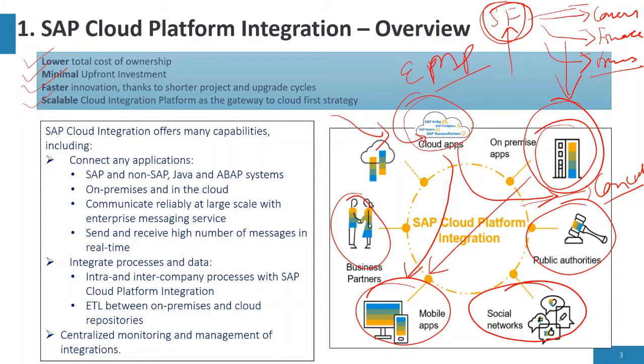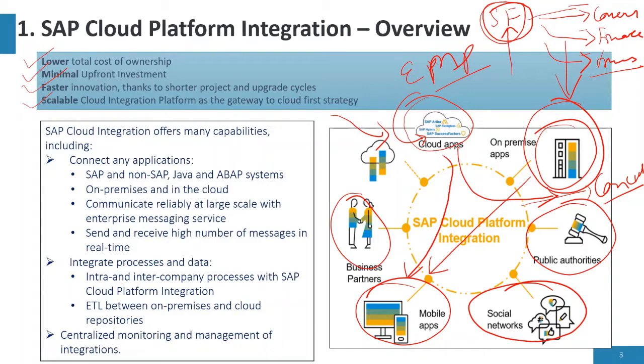You have to install it, you have to maintain it, you should have an admin team to look after that system, and keep updating it with different patches to keep it up to date, right? And when you go for Cloud Platform Integration, which is a cloud offering, you are going to get so many advantages. So what are those advantages?